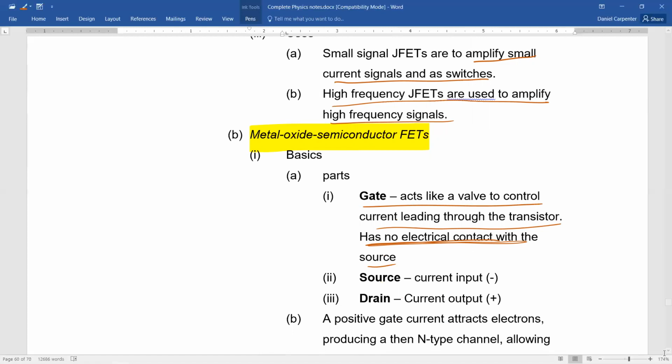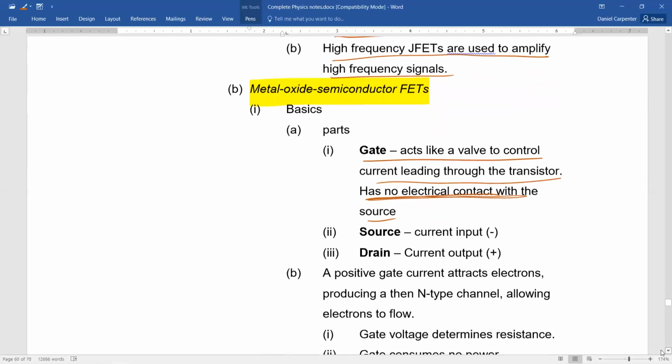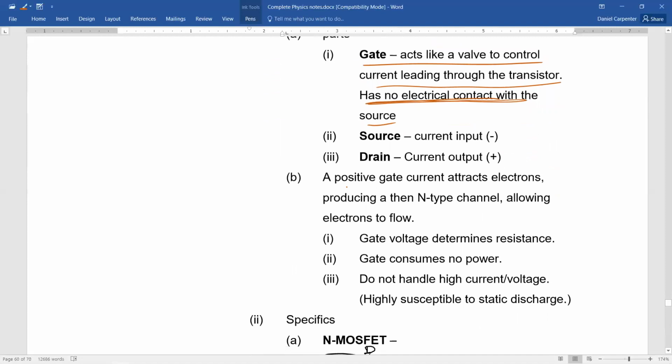So in this case, a positive gate voltage attracts electrons, producing an N-type channel, allowing the electrons to flow.